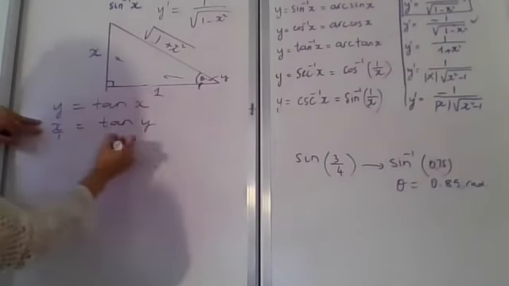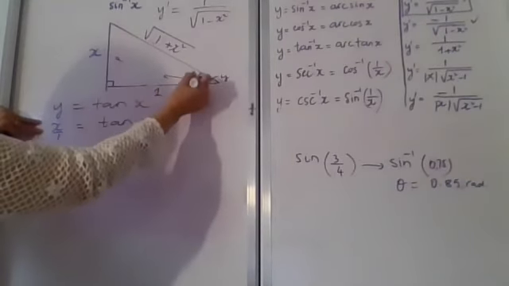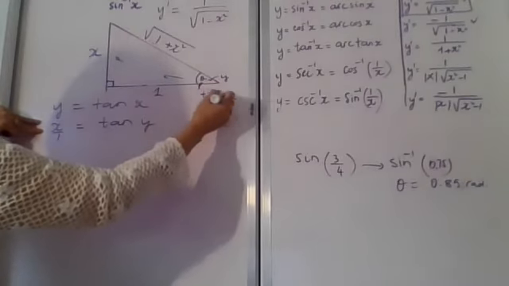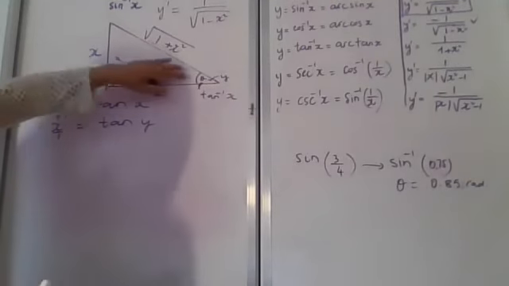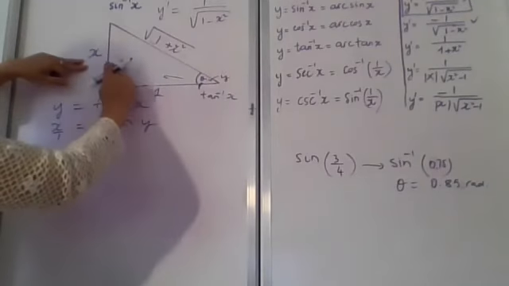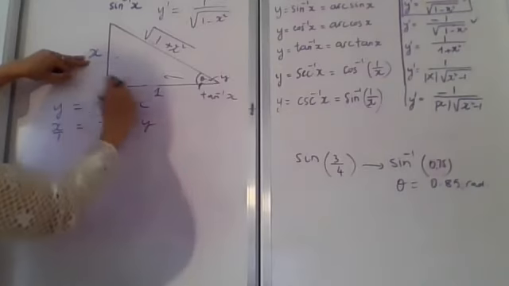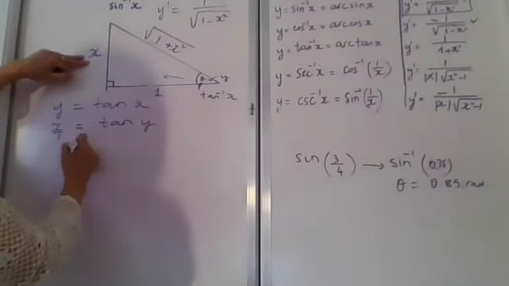Okay, so now we're going to say inverse, which is the inverse angle, right? Tan inverse x, the same as the angle y in here. So tan of this will be equal to opposite over adjacent.